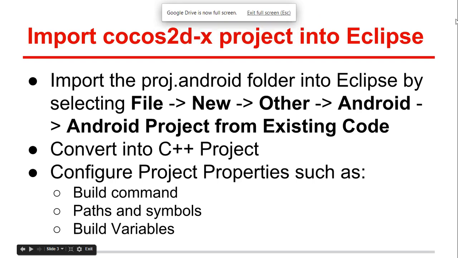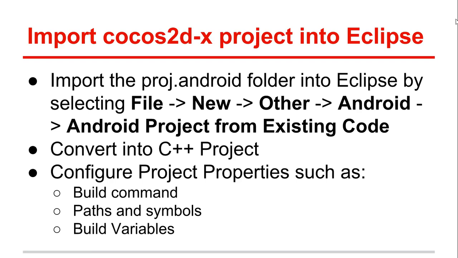So now that you already installed the C++ extensions for Eclipse, we're going to import the Cocos2dx project into Eclipse. So to do that, import the proj.android folder into Eclipse by selecting File, New, Other, Android project from existing code.